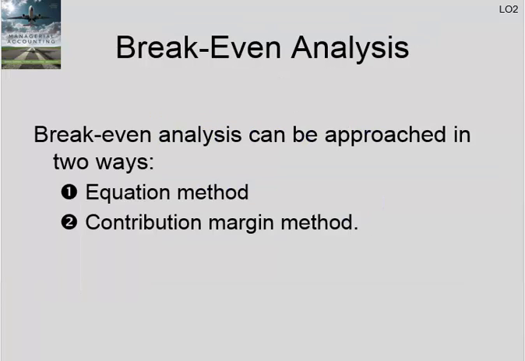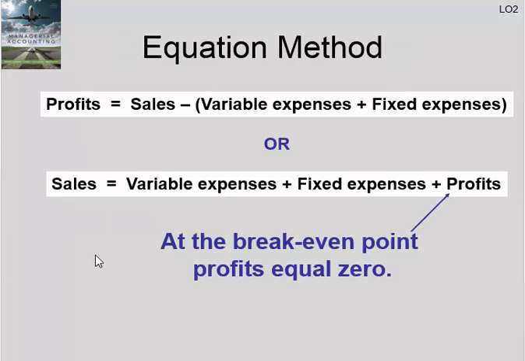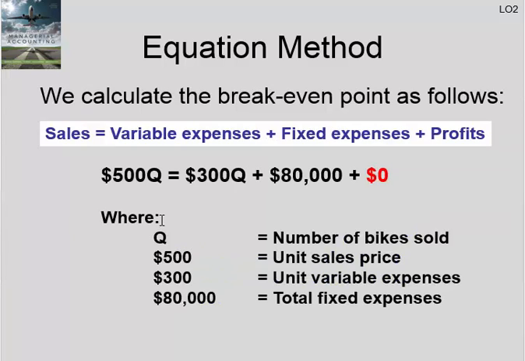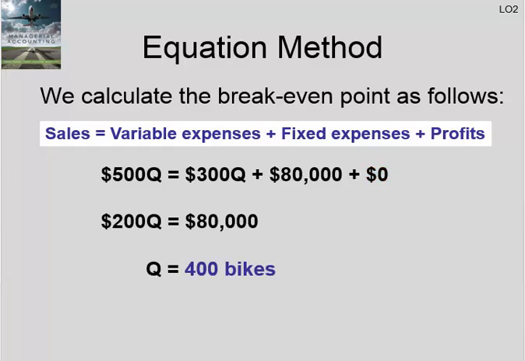Now, there's two ways of doing this. Either one of these is acceptable, either the equation method or the contribution margin method. The equation method, if you're good mathematically and you're more comfortable just doing this, then that's fine. When you're looking at a break-even point, basically, profit becomes zero, so sales has to equal your expenses, and as a consequence, it's just a matter of doing a bit of math, solving for Q, and that gives you the quantity at which you break even, which we've already sort of proved at 400 bikes.